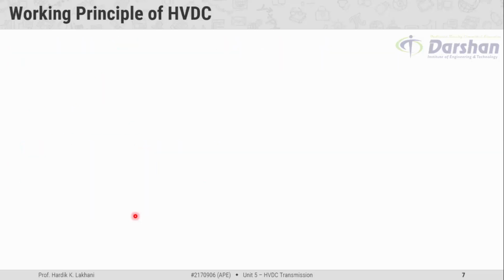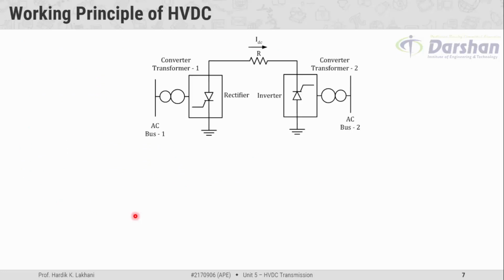Now let us understand the working principle of HVDC. This is the line diagram of a high voltage DC transmission system. This portion is the sending end and this portion is the receiving end. So at the sending end side, generators are present. The generators are connected to AC bus 1.